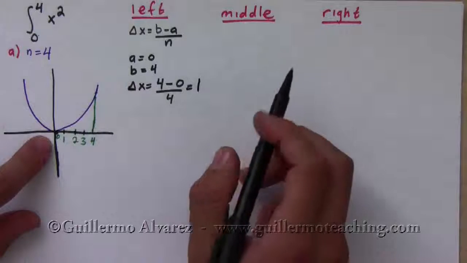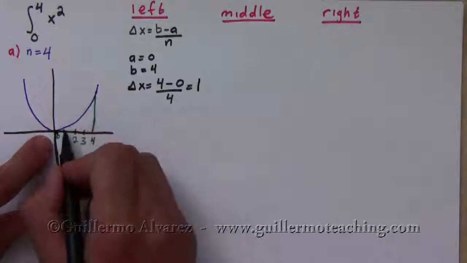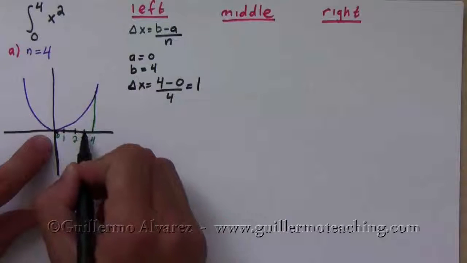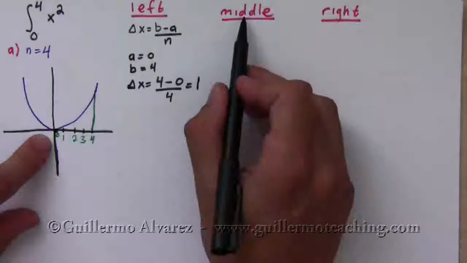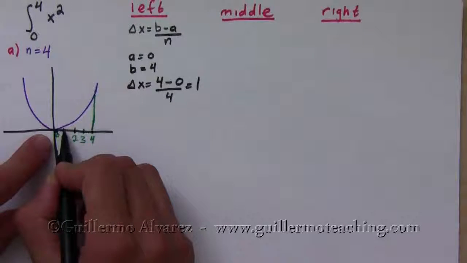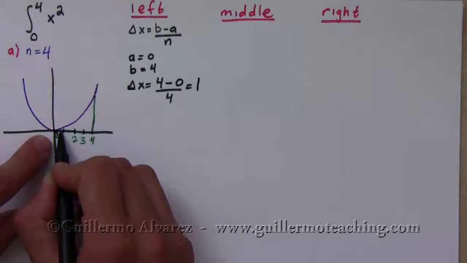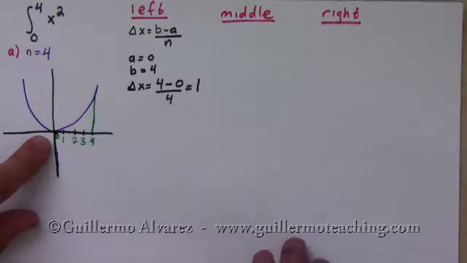And then for the right endpoint, remember, you start not with the first one but with the second one, so you would use 1, 2, 3, and 4. And then for the middle, what you do remember is that you grab the point in the middle. So in this case, it would be right in between 0 and 1, which would be 1 half, and then 3 halves, 5 halves, and then 7 halves.